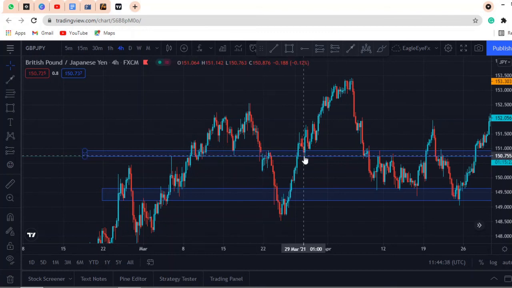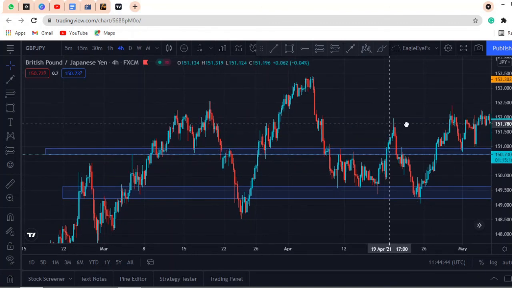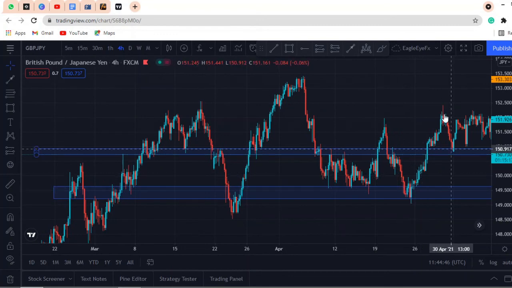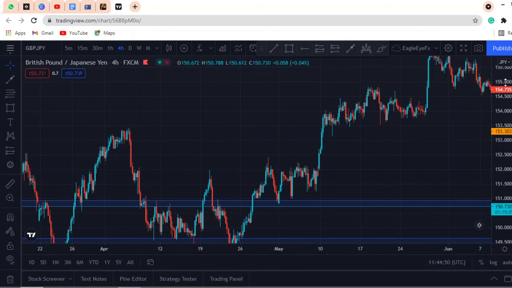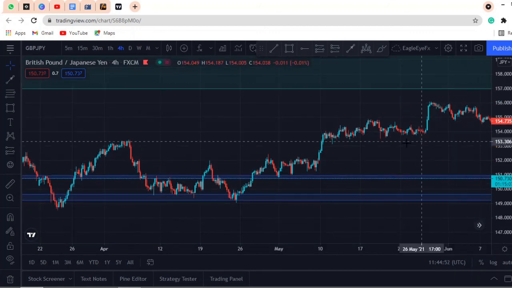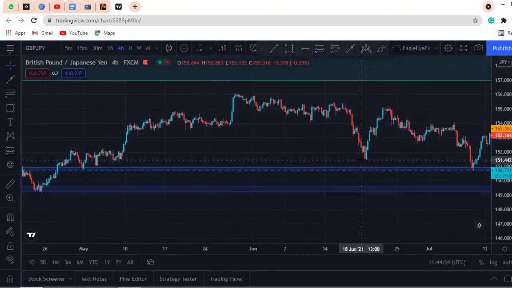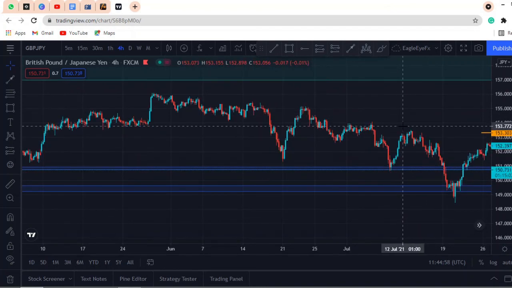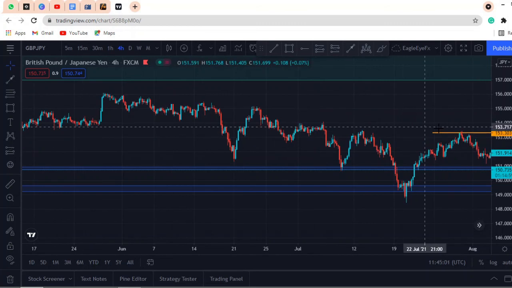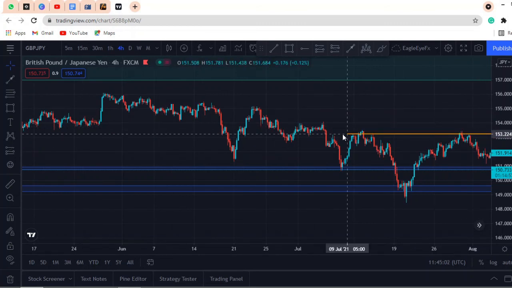It was able to break to find support, able to break resistance, proper fake out, then came down again. It was able to break, and now it found support to push up, push all the way up, came again close to the zone, and now came again to find support up to this level here. Remember, this is a level that we had marked.